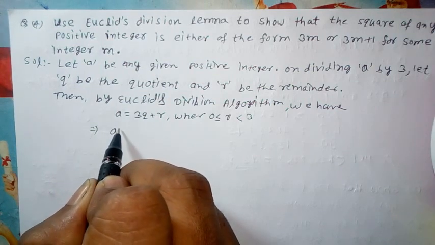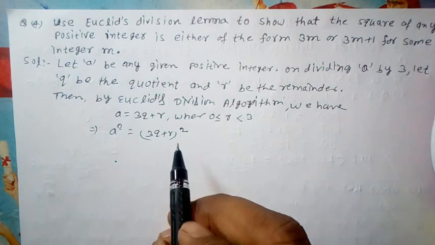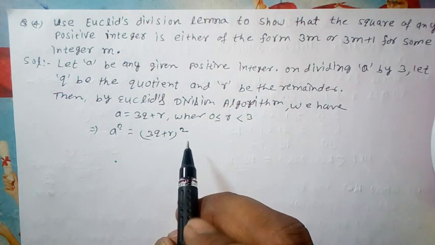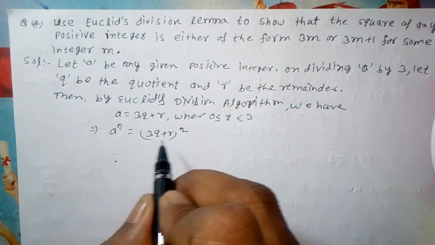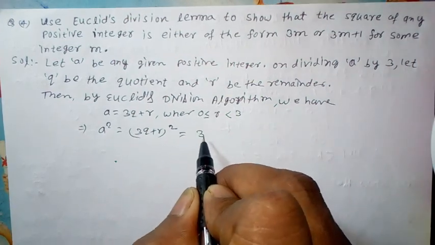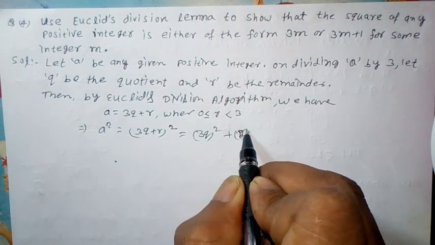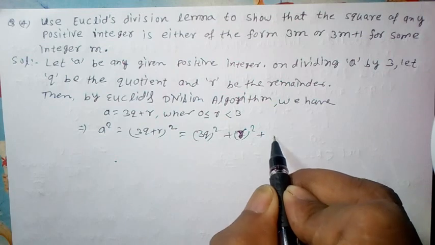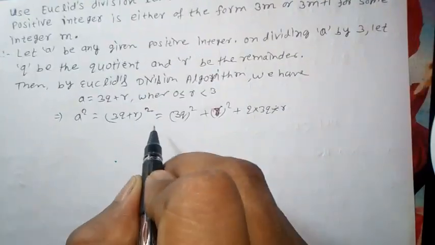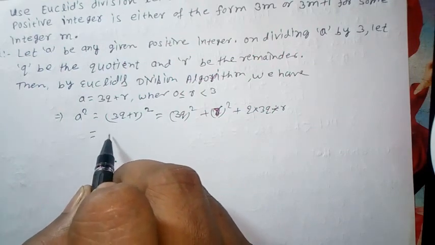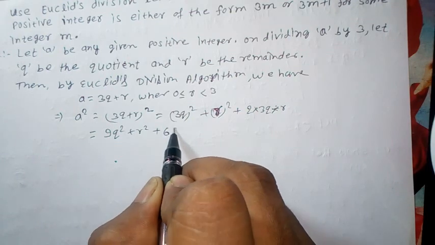This implies a square is equal to (3q plus r) the whole square. Now we apply the formula (a plus b) the whole square is equal to a square plus b square plus 2ab. Therefore, (3q) the whole square plus r square plus 2 into 3q into r is equal to 9q square plus r square plus 6qr.